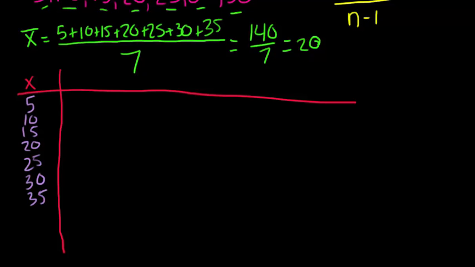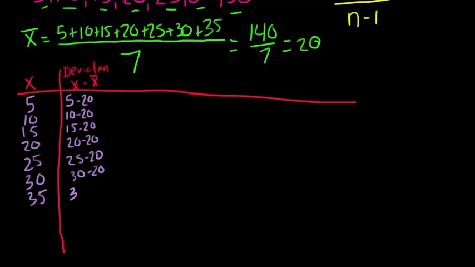This first part is the deviation, which is x minus the mean. So we have 5 minus 20, 10 minus 20, 15 minus 20, 20 minus 20, 25 minus 20, 30 minus 20, and 35 minus 20.